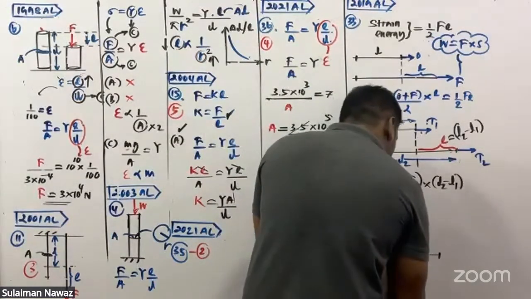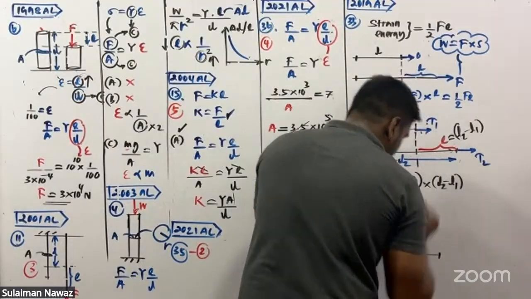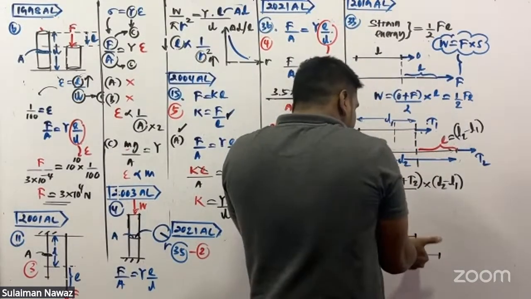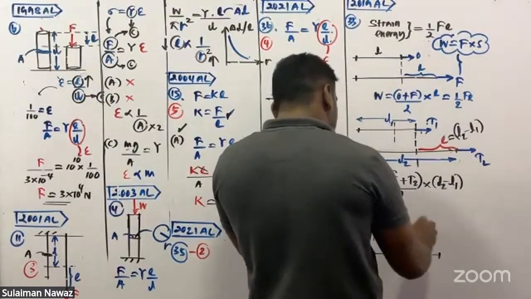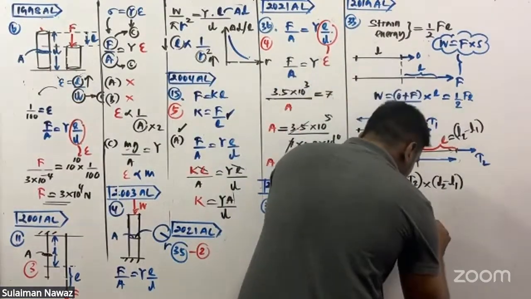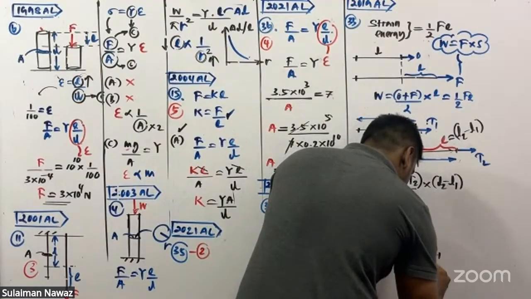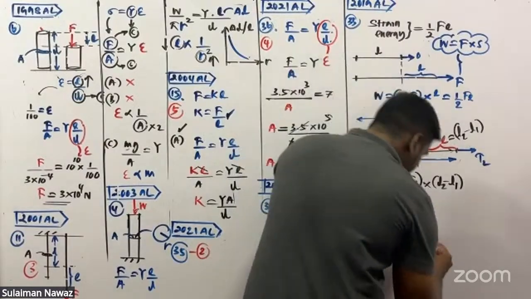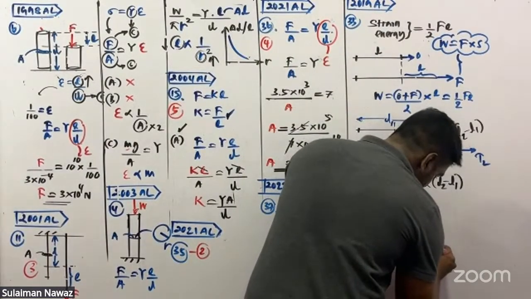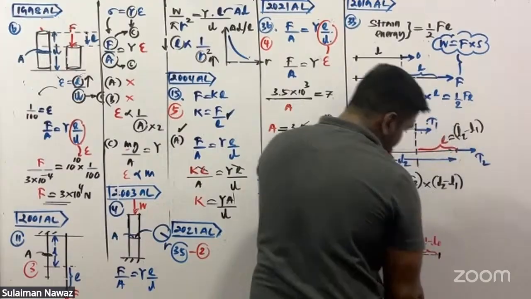What is the now length of the string? That is D. If I ask you what is the extension, the increase in length? D minus L naught. D minus L naught is the extension.